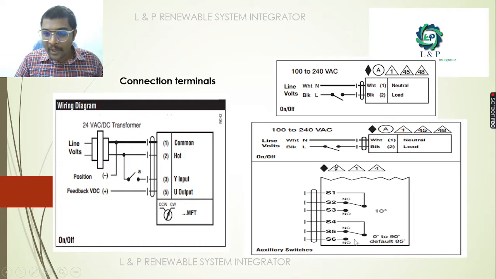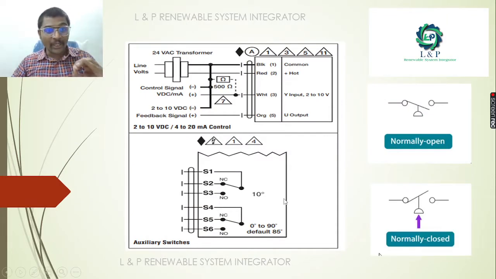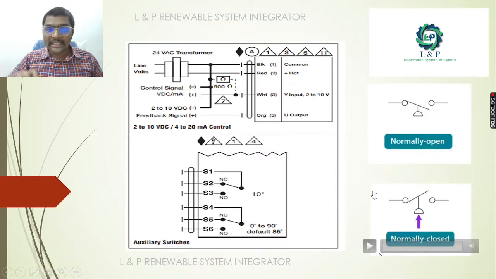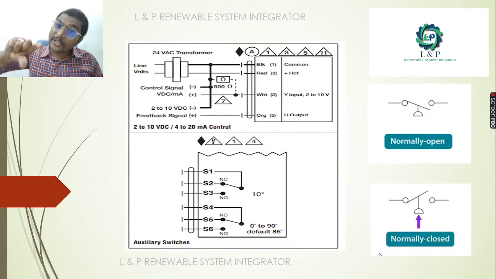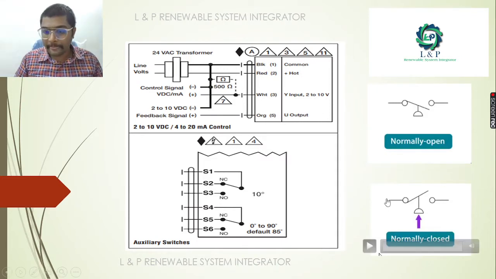We have NO/NC contacts, like a switch, auxiliary switches, to take feedback of the positions of the actuators. In certain places, we can give the control signal in 2 to 10 volt DC, or as a current signal of 4 to 20 milliamps. As I told earlier, it can also work as auxiliary switches in certain places. So based on our application, we need to choose the actuator type we require.